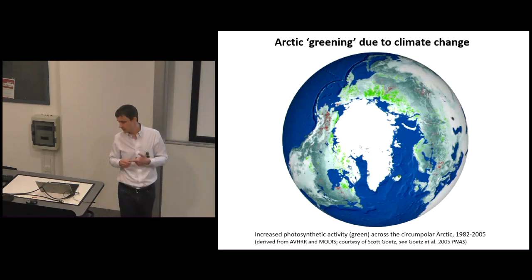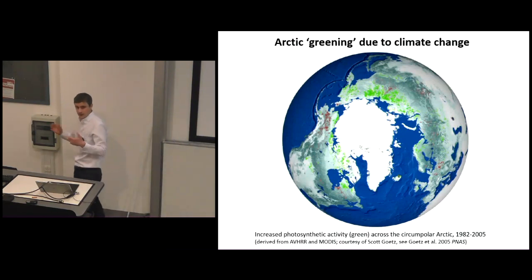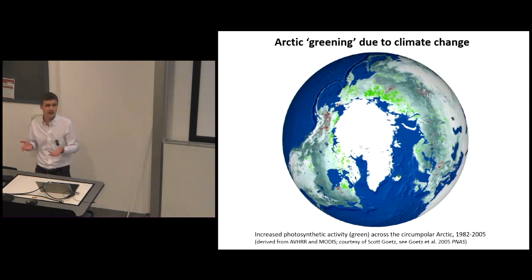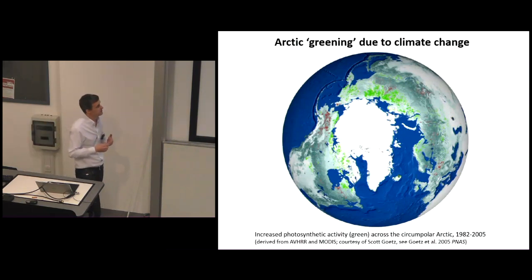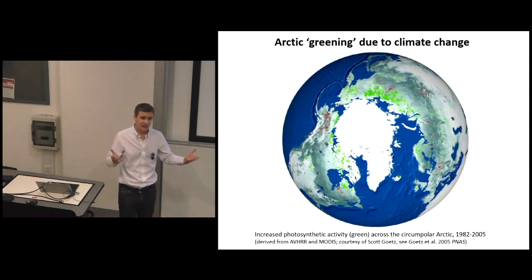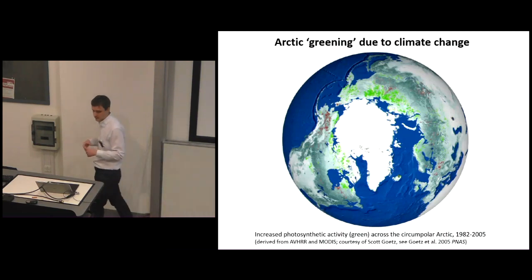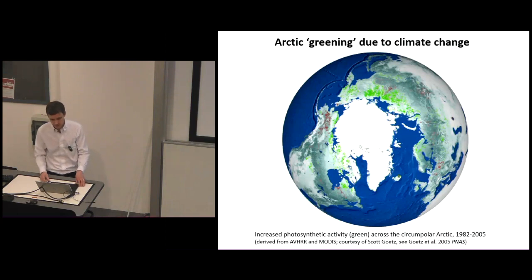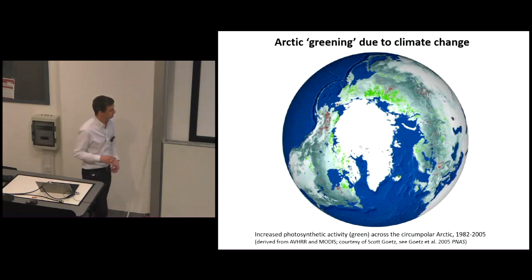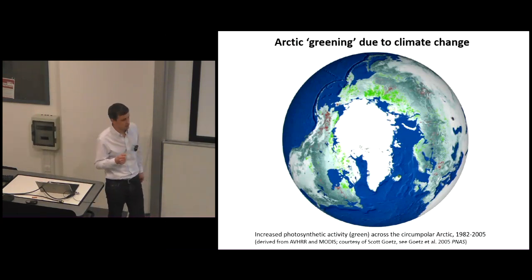And this is exactly what you'd expect to see. The climate has been warming in the Arctic. It's been one of the areas with most pronounced warming. Plants like warmer, longer growing seasons, and that's exactly what we see. So we expect to see plants flourishing in warmer temperatures, and we see that in the observed record.